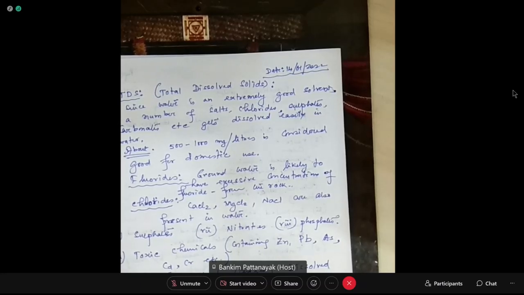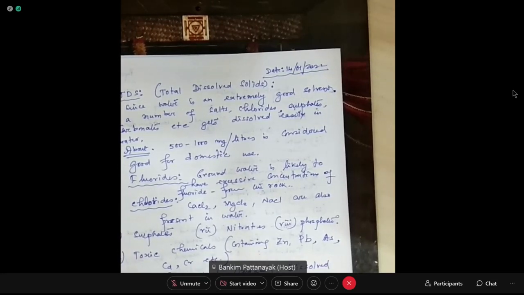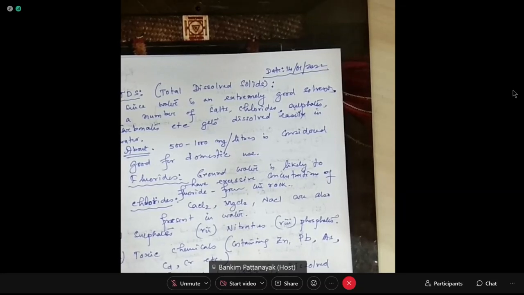However, the percentage variation of dissolved oxygen depends on the temperature of the water.